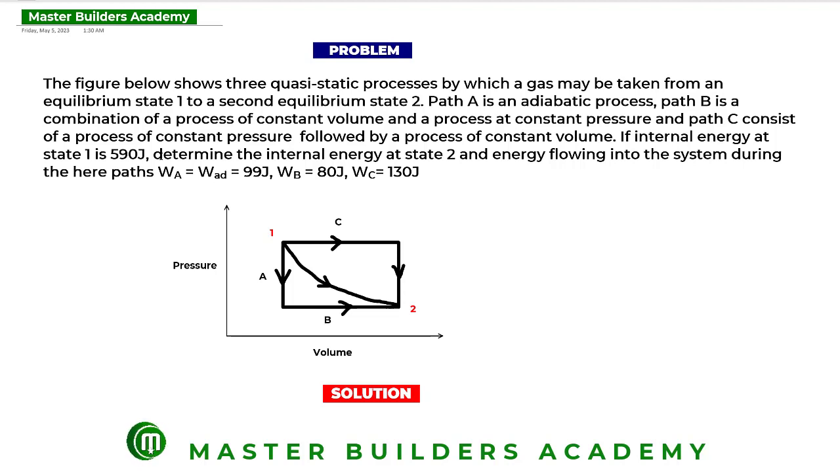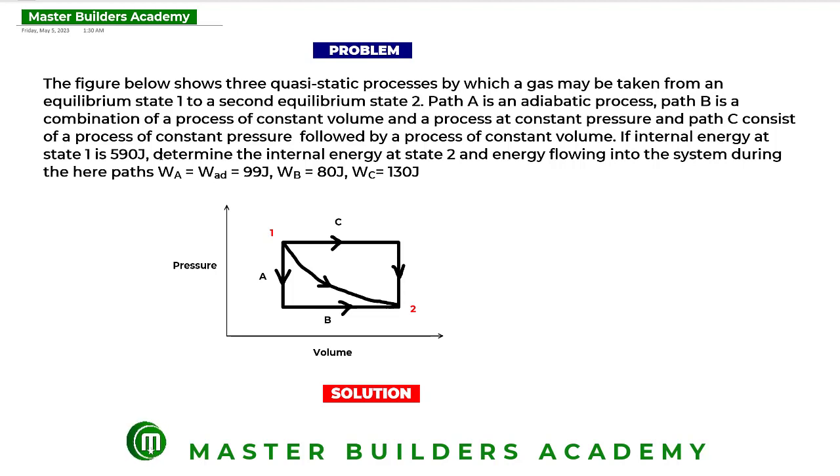Now the figure below shows 3 quantitative processes by which a gas may be taken from one equilibrium state 1 to a second equilibrium state 2, as we can see in the diagram. First, part A is an adiabatic process, which is at constant volume.